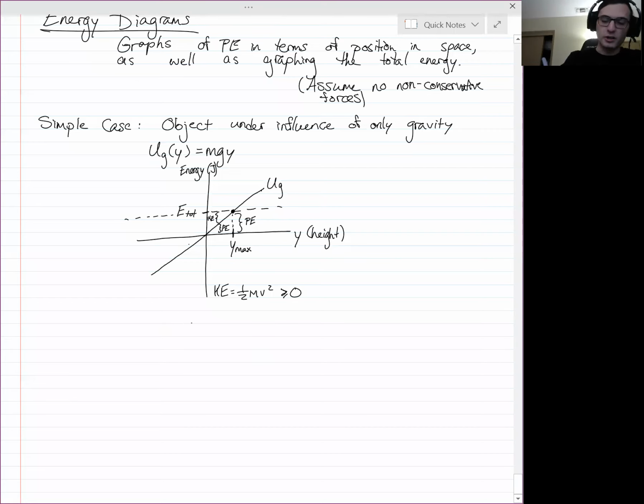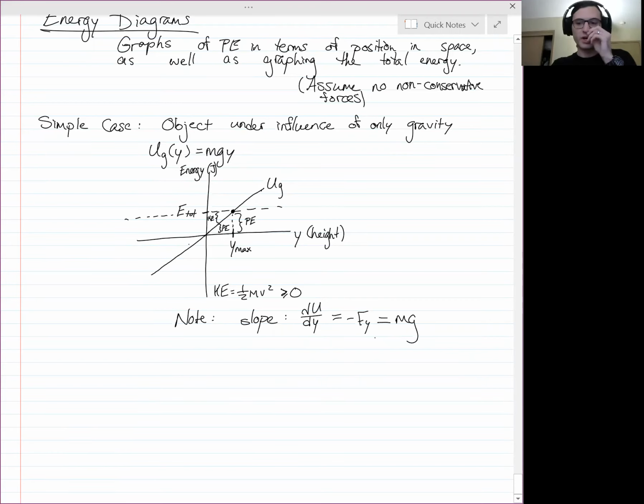Just a quick note that the slope of that potential energy function is by definition dU/dy, right? That's what it means to have a slope. And that is just the negative of the force in the y direction. So the slope is just mg. So the slope is the negative force in the y direction. The reason for that is because of the definition.